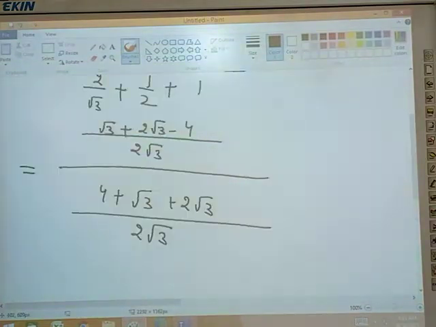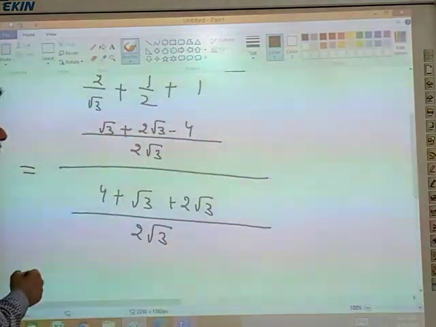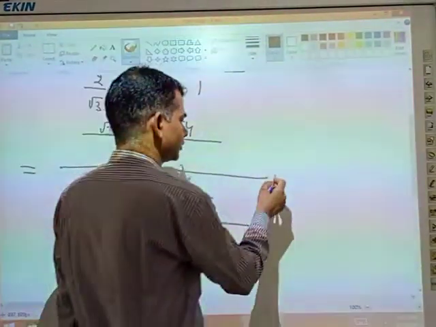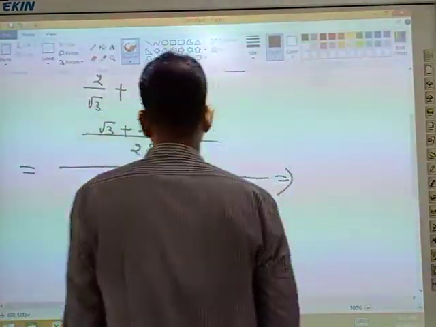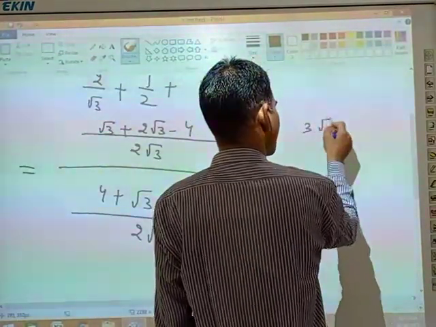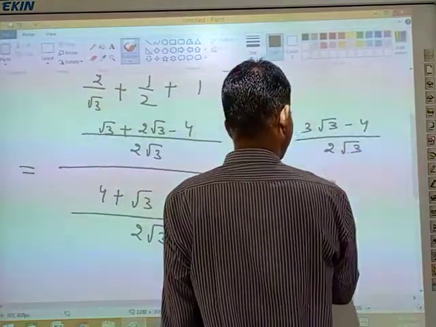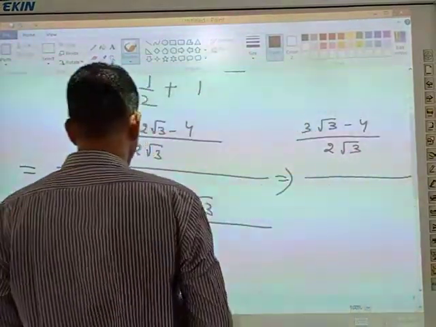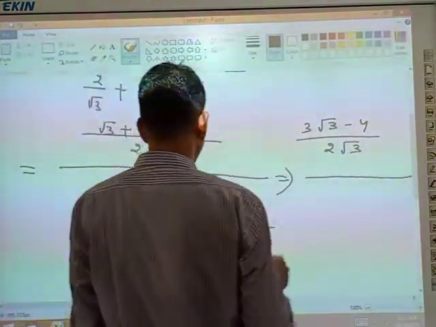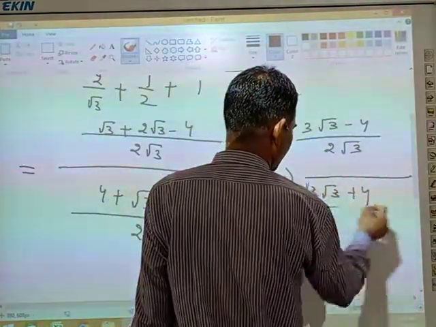So now it becomes root 3 plus 2 root 3, that is 3 root 3, minus 4, upon 2 root 3, root 3 plus 2 root 3, 3 root 3, plus 4 divided by 2 root 3.